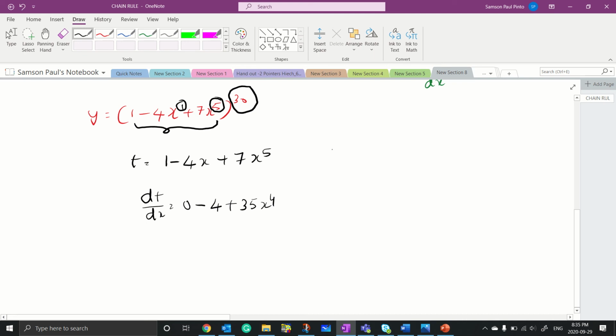But my outside function is t to the power of 30, so if I were to differentiate, dy by dx, I would get dy by dt into dt by dx, and this is just one more way of showing your differentiation.